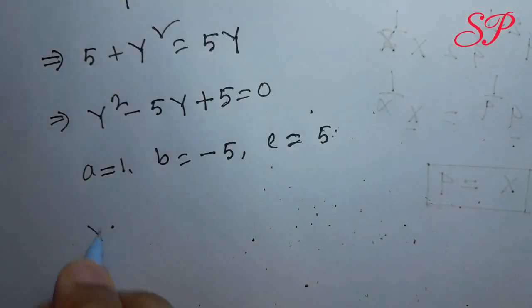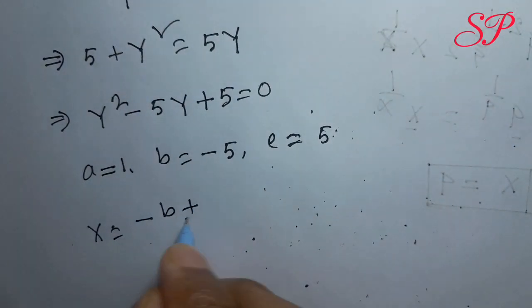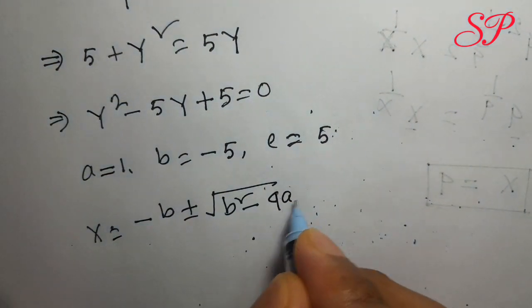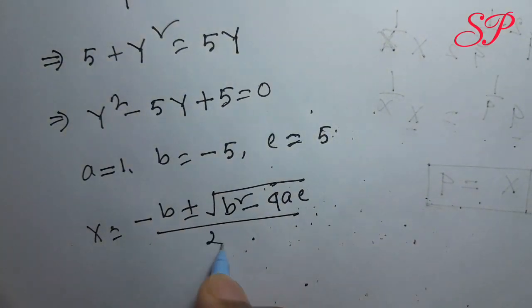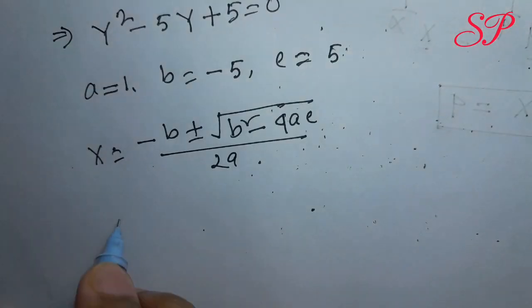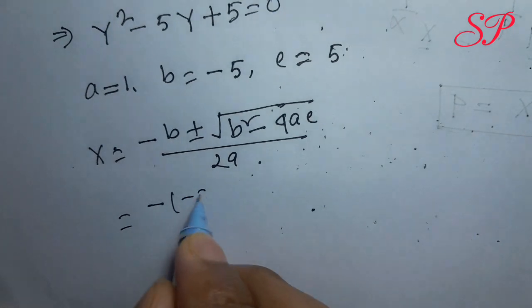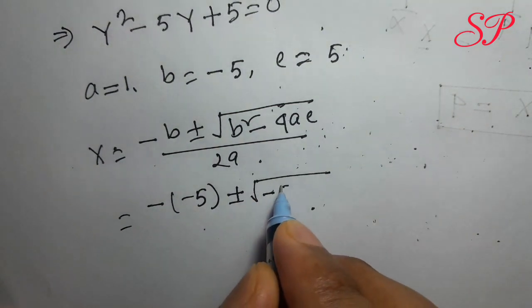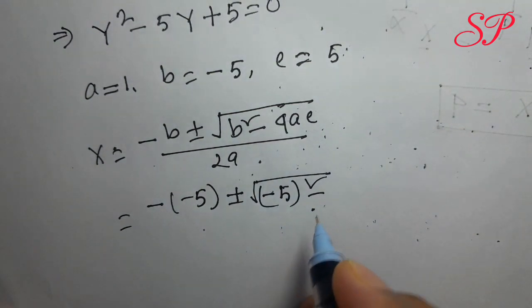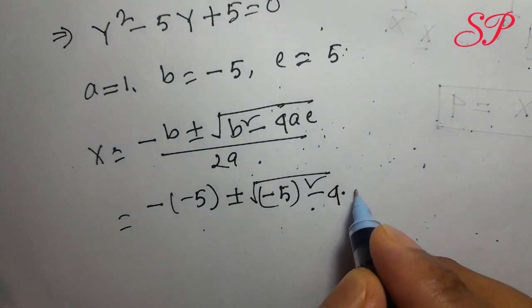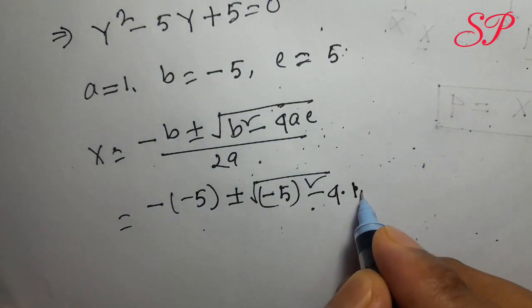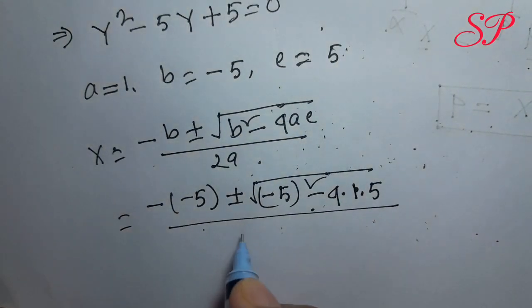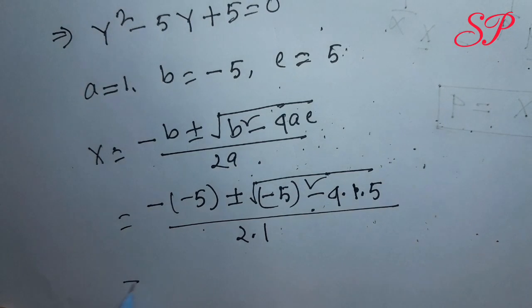So we can write x is equal to minus b plus minus root over b square minus 4ac by 2a, which is equal to minus of minus 5 plus minus root over minus 5 all square minus 4 into a, meaning 1, and c, meaning 5, by 2 into 1.